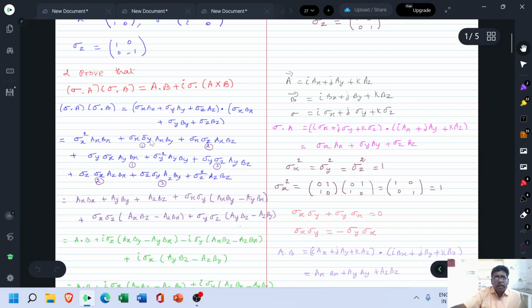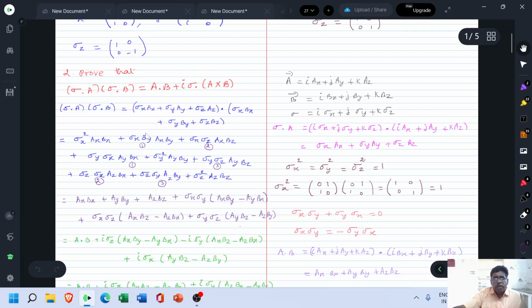Then take out sigma x sigma y outside, then align the terms ax by, then another term is present with sigma y sigma x. Actually sigma x sigma y equals minus sigma y sigma x, because these two are anti-commuting in nature. Already we have taken out sigma x sigma y outside, so here a negative sign is present.